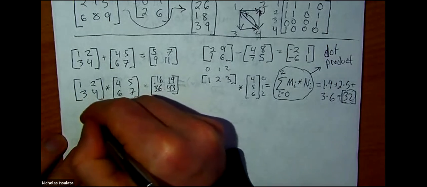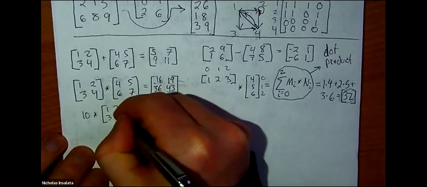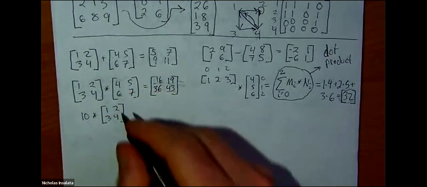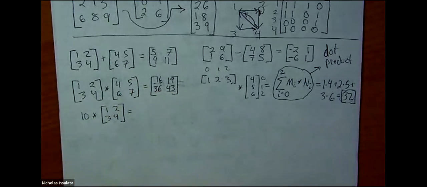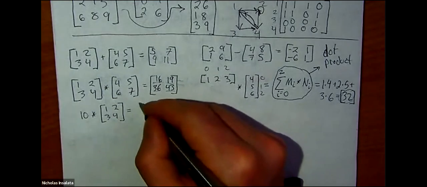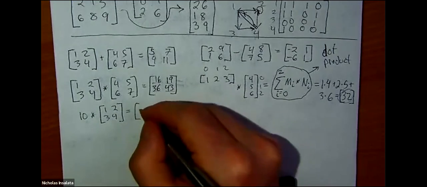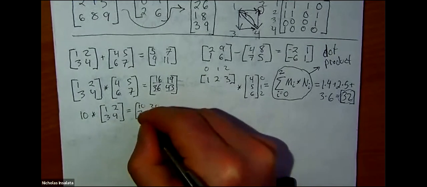So for example, if I said 10 times 1, 2, 3, 4, I'm just multiplying by a single number. Then I just multiply each of these entries by that number. So this is a little bit more like addition or subtraction. This one's easy. It'd just be 10, 20, 30, 40.